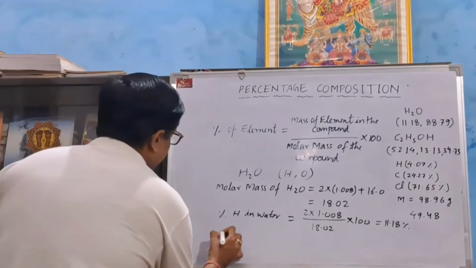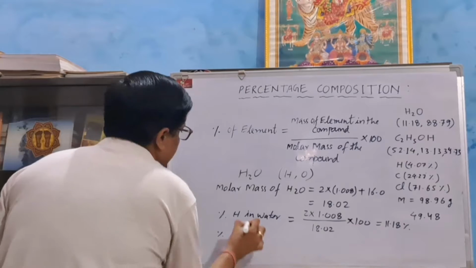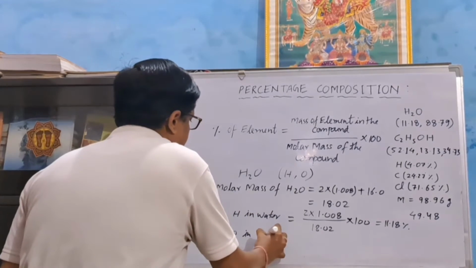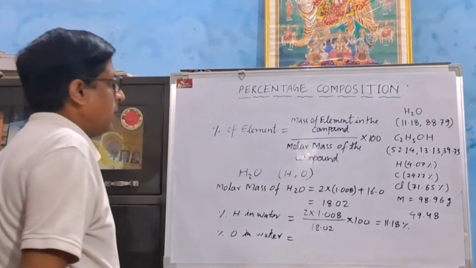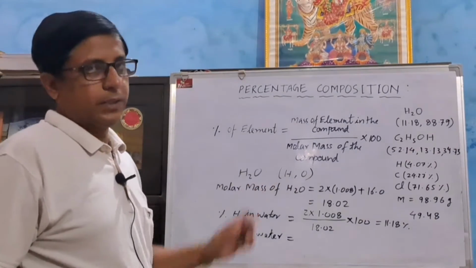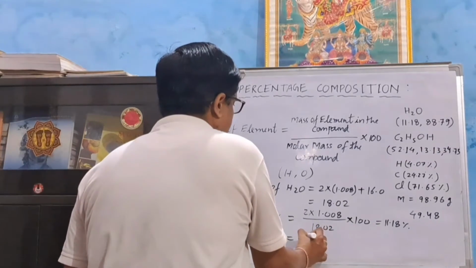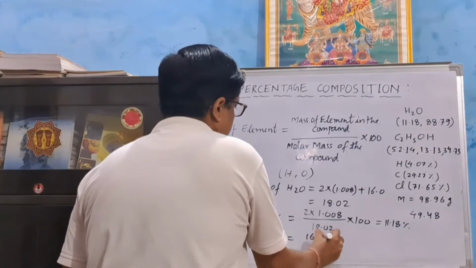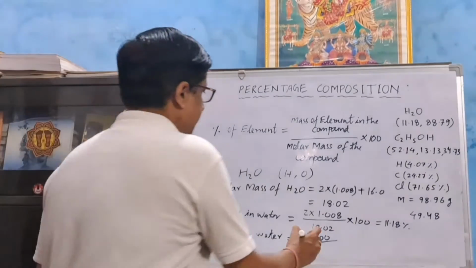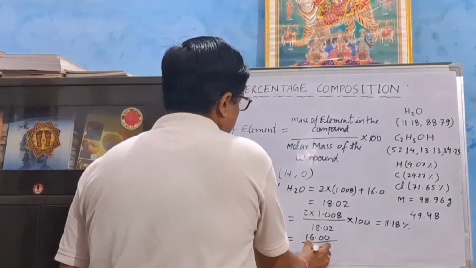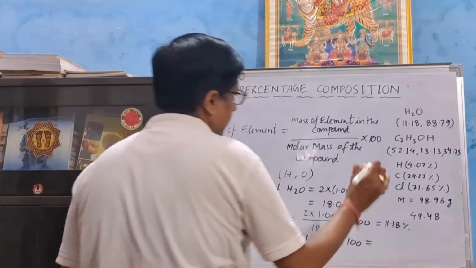Similarly, we can determine the mass percentage of oxygen in water. Since one oxygen atom is present in water, therefore mass of oxygen is 16.00 divided by molar mass of water, which is 18.02, multiplied by 100.